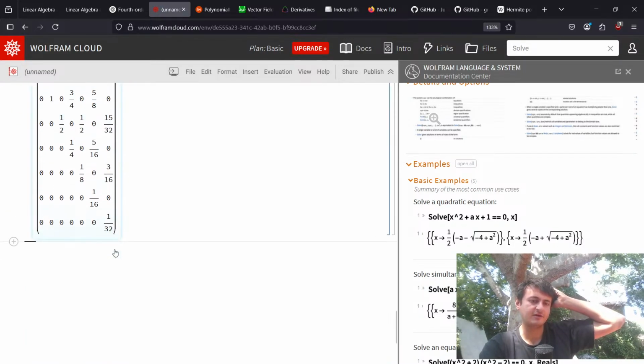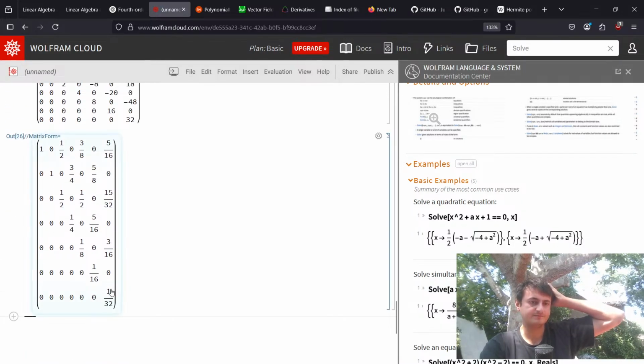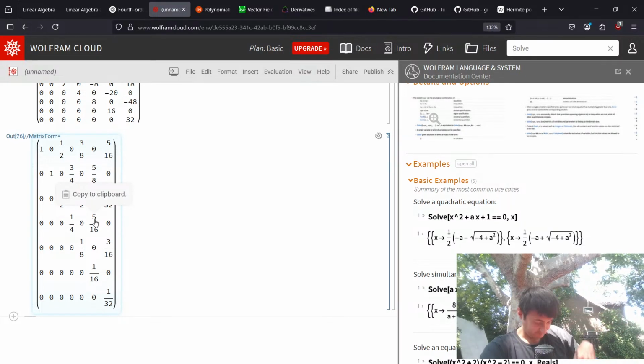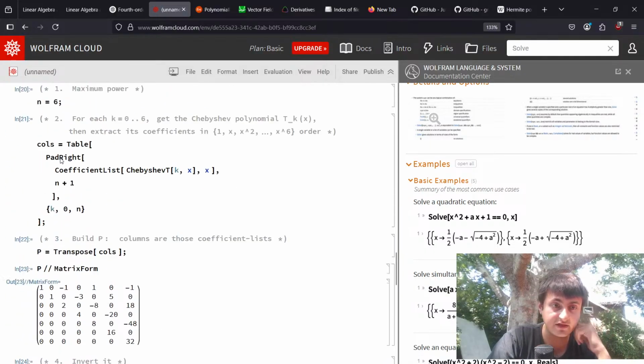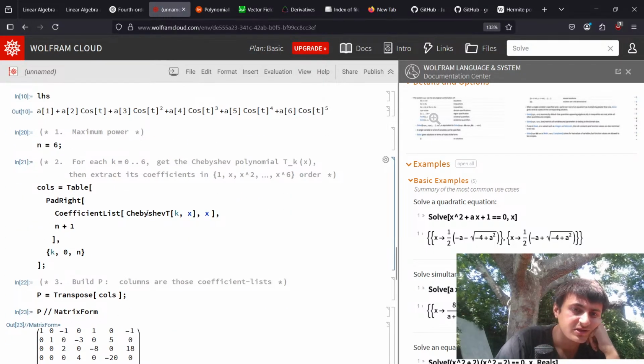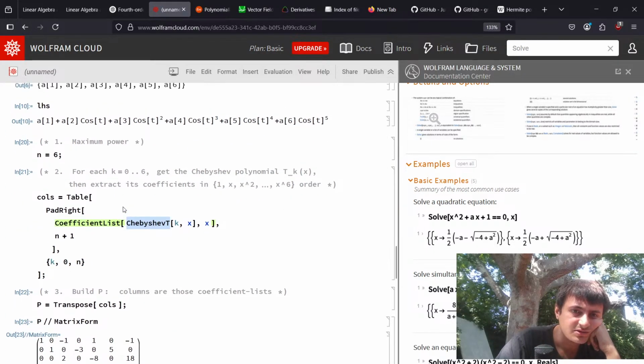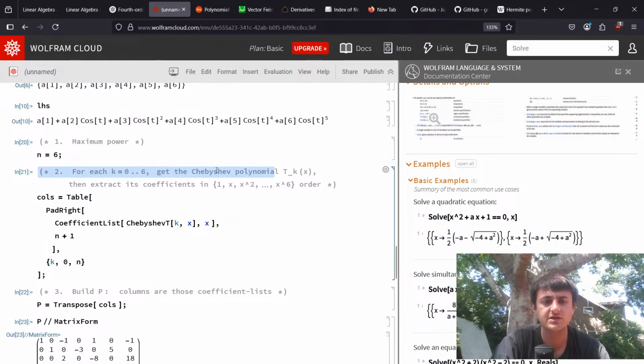Yeah, that's 10. Okay, so this is right. Not that I understand it, but so what is the Chebyshev polynomial? That's, I guess, what we need to know.